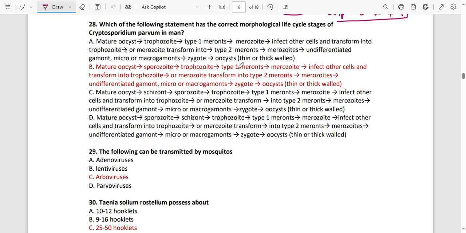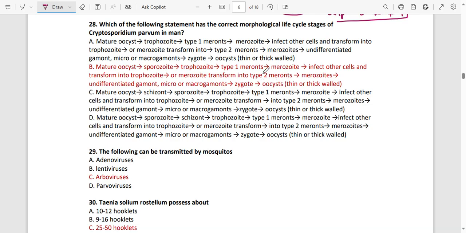Trophozoites, you have got type 1 meronts, which remember the type 1 meronts? These ones will remain and infect. They can convert into merozoites and then infect the cells. Or the merozoite can transform into the type 2 meronts.